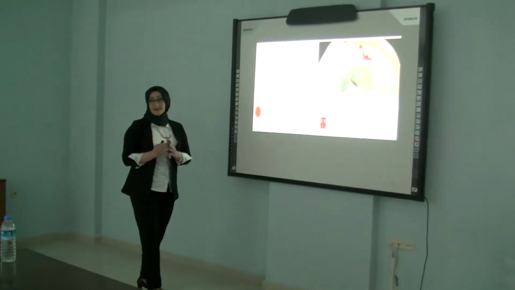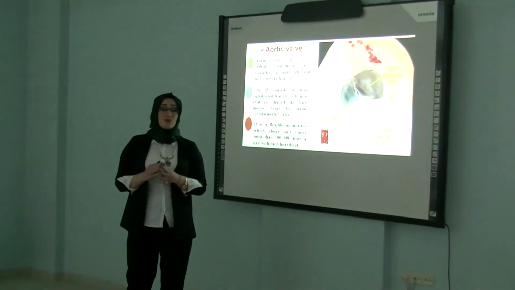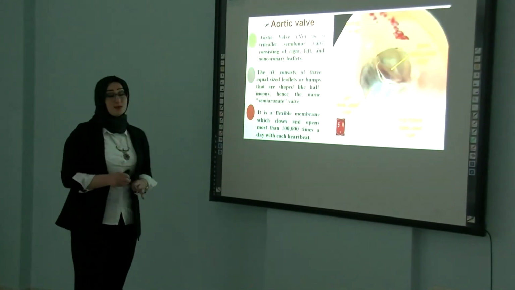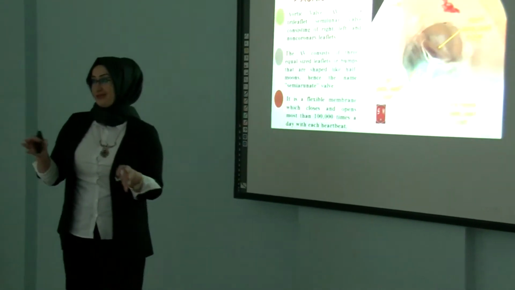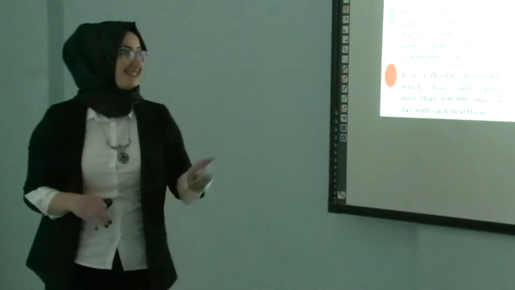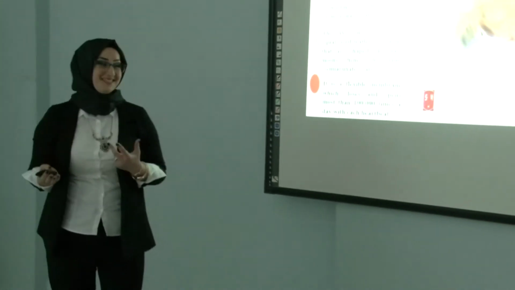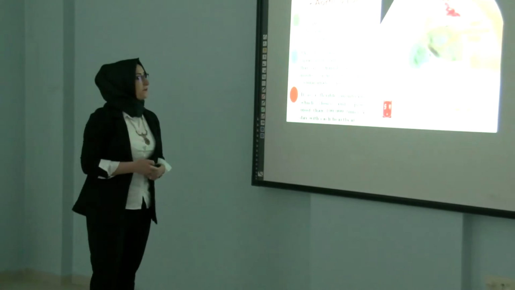Also, this valve is a flexible membrane which can open and close more than 100,000 times a day with each heartbeat. So fortunately, all of us till now have a healthy valve like this one. We don't know what will happen in the future.